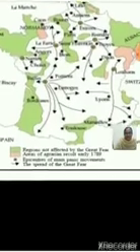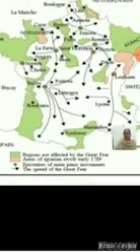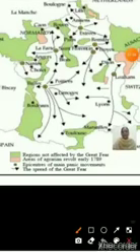First, we will look at the index. I'll just zoom the index. These green shaded regions were not affected by the Great Fear. The next one is the pink shaded regions.